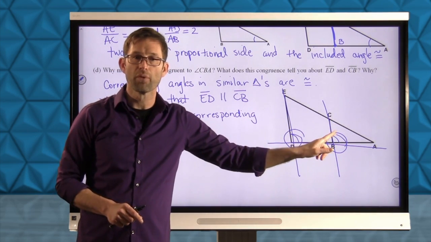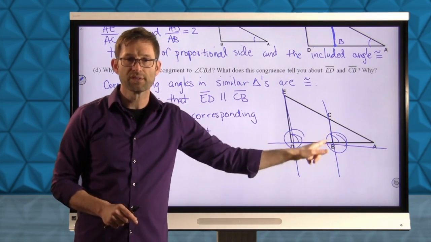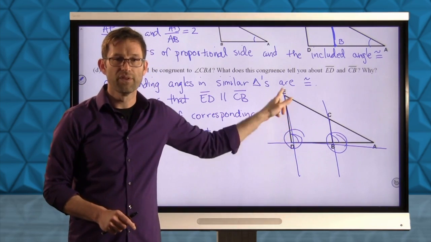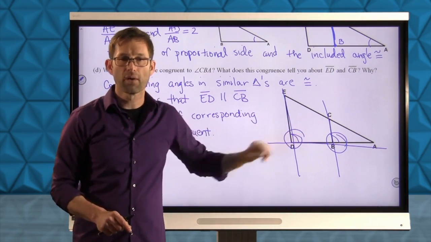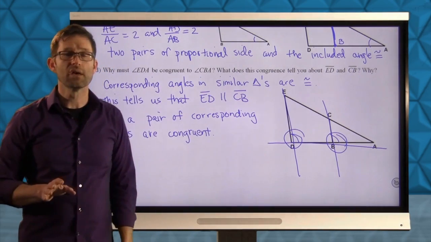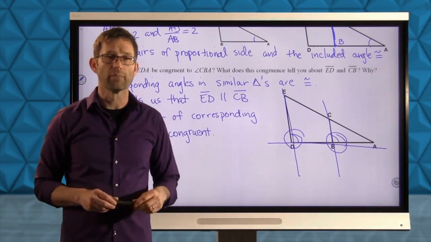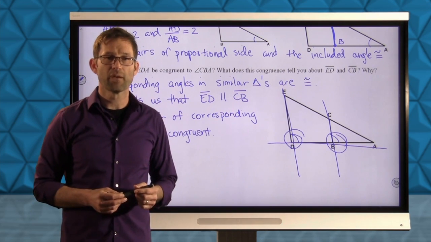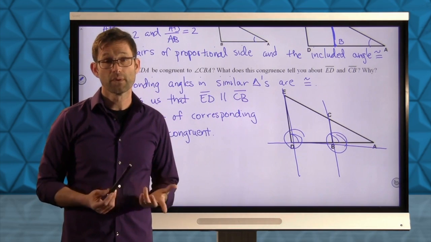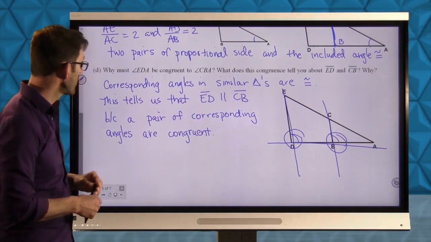You always ended up with a third length, this segment, that was half the length of this one and ran parallel to it. Back then, we didn't use the idea of similarity to prove that. We actually used properties of parallelograms, but here we see the same thing popping out in similarity, which makes some sense. All right?